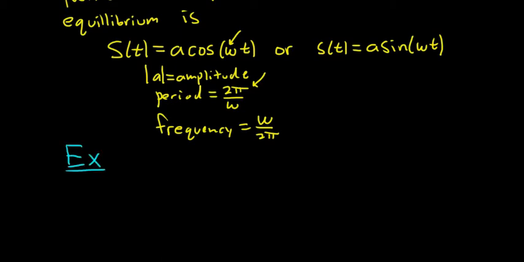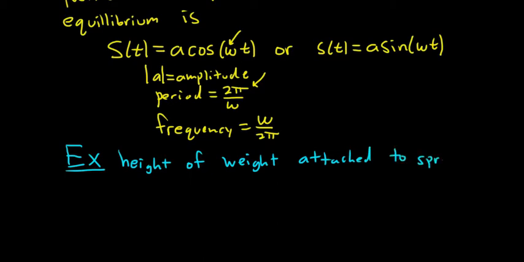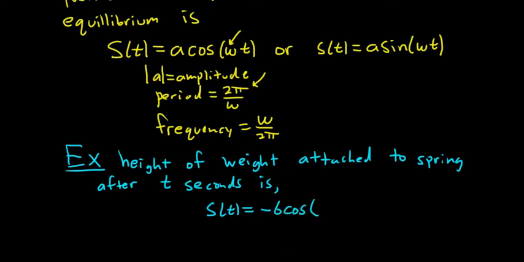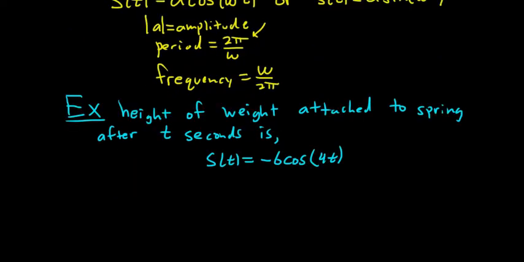Let's say the height of a weight attached to a spring after t seconds is given by S of t equals -6 cosine 4t. So we have a weight attached to a spring, and it's oscillating up and down.